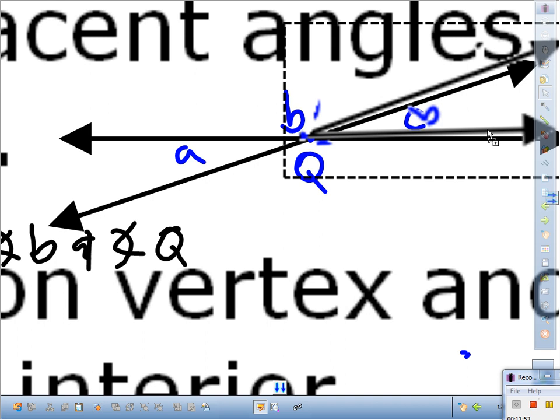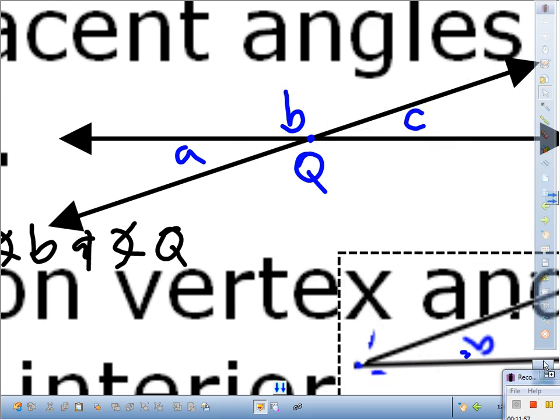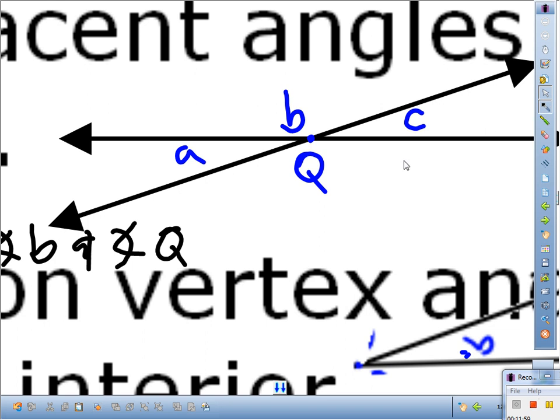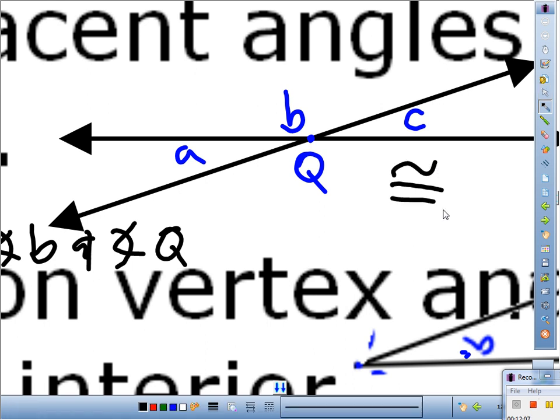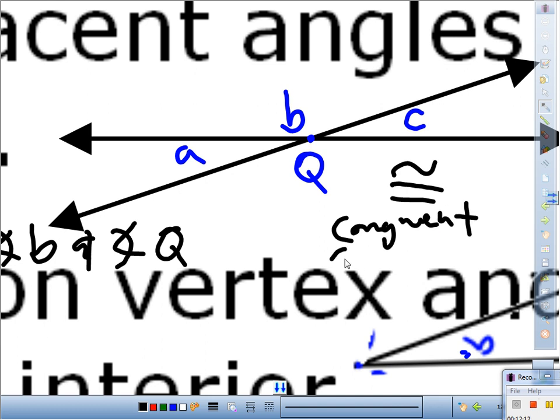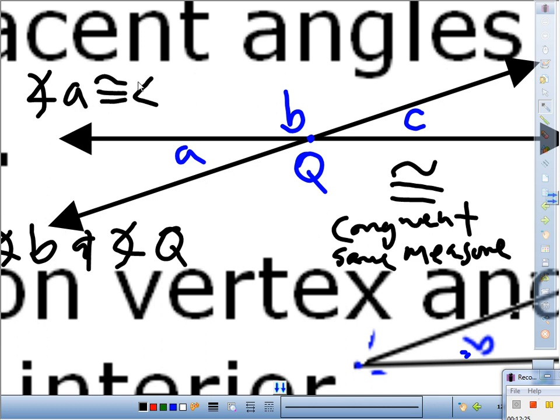It's the same as angle C. So therefore, one symbol that we use to show that is this symbol. And that means congruent, which means same measure. So I would write angle A is congruent to angle C. And to show that on the diagram, I will show it like this.